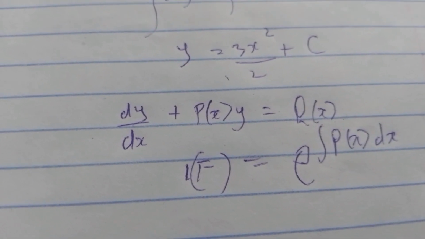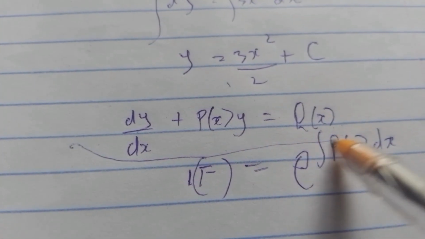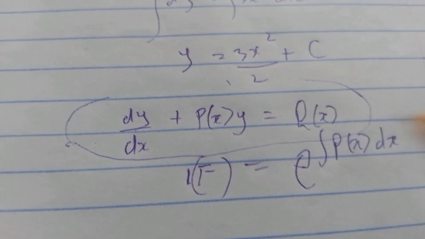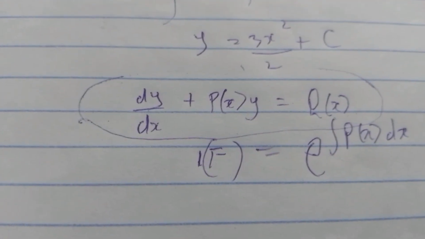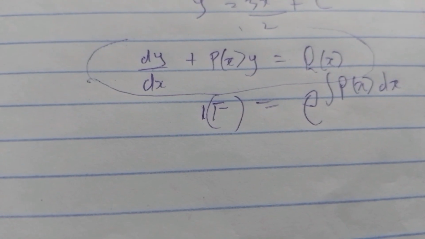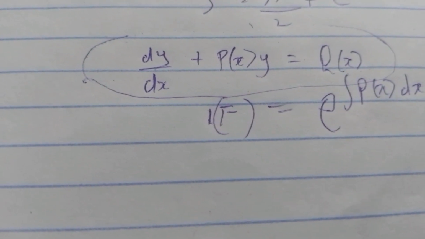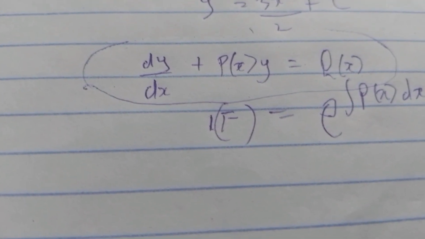Alright, so if you want to get y from this form of equation, there are two ways to do it. We have the general method, and of course we have the formula.